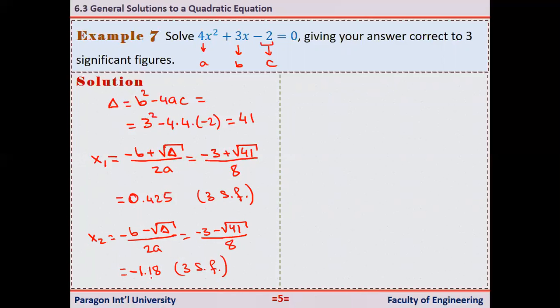Starting from the first non-zero number, it is 1, and just count 3: 1, 2, 3. These figures are significant, important for us, and the rest we just round off.